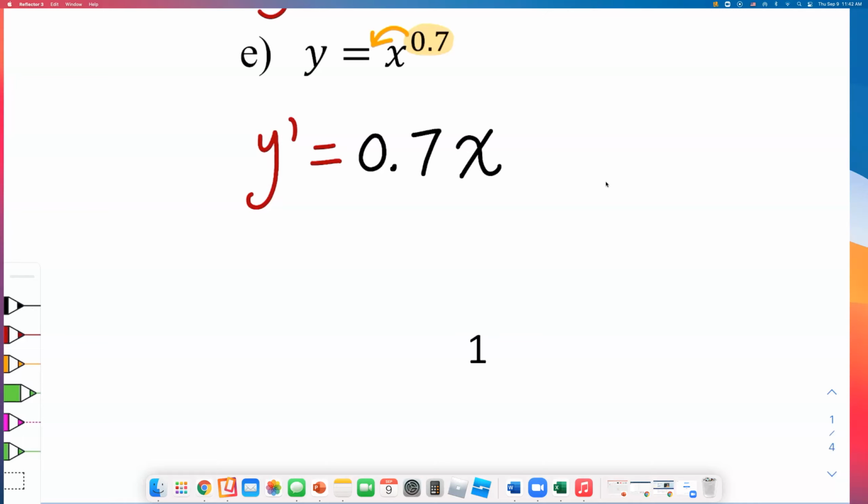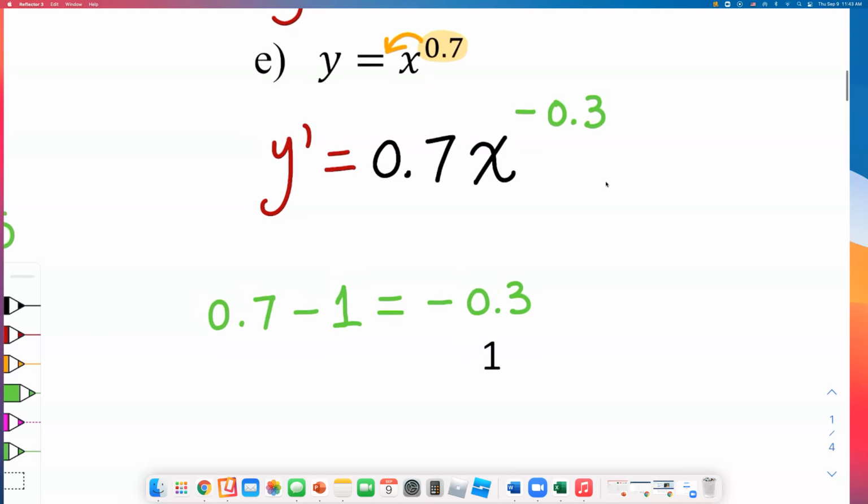Now for the new exponent, I need to do 0.7 minus 1. And if I do that, I will get negative 0.3. So the new exponent is negative 0.3. And that is the derivative of y. Okay, that is y prime.